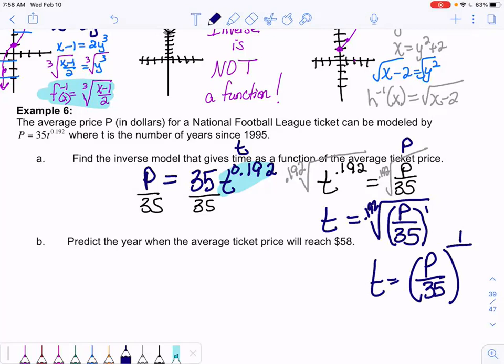And then the root goes in the denominator of the exponent. And that's from the beginning of the chapter. So t is equal to the ticket price divided by 35 to the 1 over 0.192. Questions? So it's still the same process. We still took a root, but instead of leaving it as that root, because it's a decimal, we're going to think about it as that exponent.